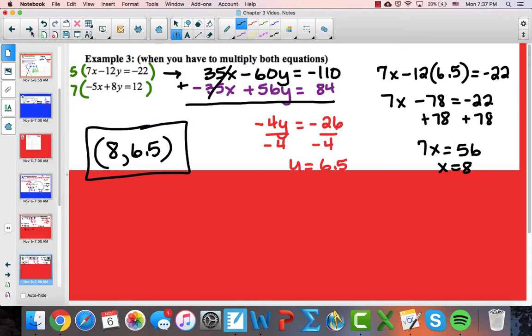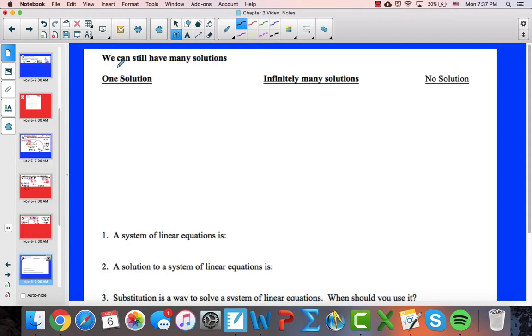Now, a couple things. No matter what method you use, you're still going to have those 3 solutions. One solution, you're going to get an answer like we did in this last one, 8, 6.5. That is the point of intersection, still having one solution. Infinitely many solutions, what might happen is both variables might cancel out and you're left with a statement like this.